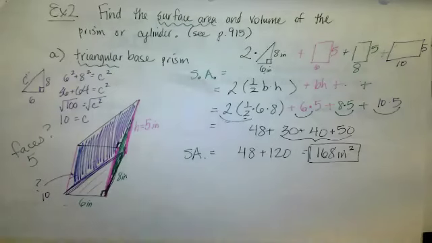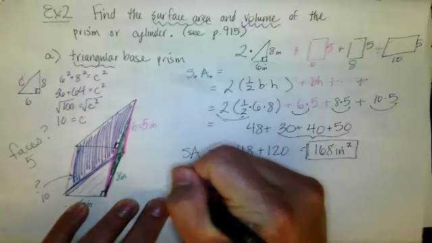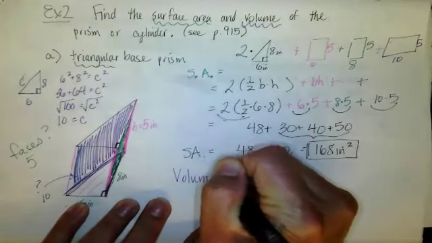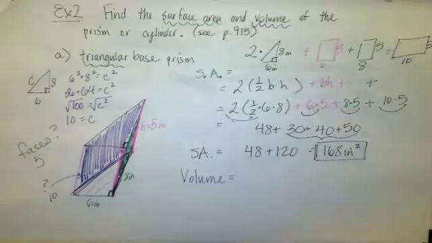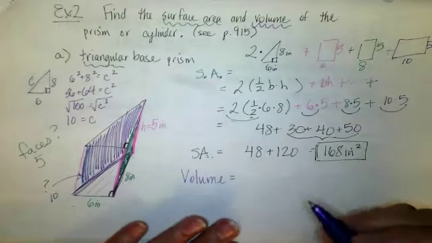All right, surface area I think is the hardest thing to find. Volume is much easier. We're going to go ahead and find the volume. Last thing here. How do you find the volume of any prism? Base, height, your width, and then the height. Good.